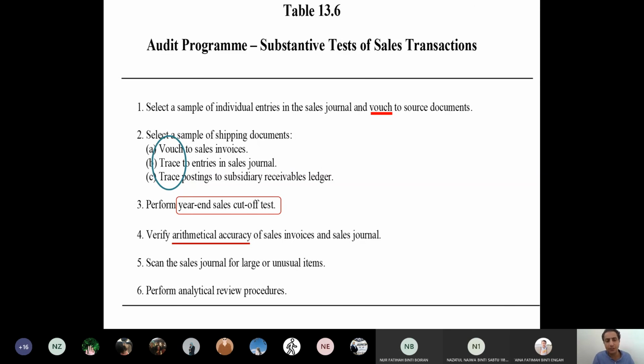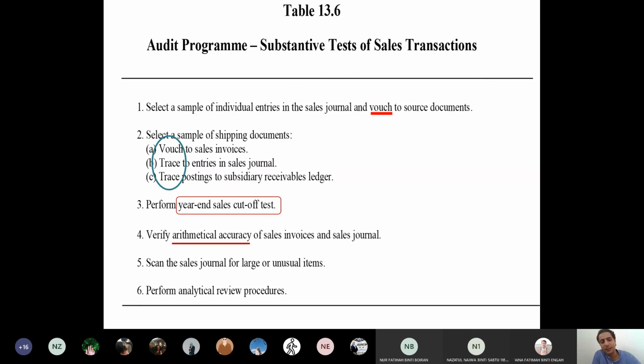So select samples, number one, for the substantive test of sales transactions in the audit program. Number one, we need to select samples of individual entries in the sales journal and vouch to the source document. So meaning that we get the list of records in the, let's say, sales journal, and then we try to vouch to the source document, which is the invoices.